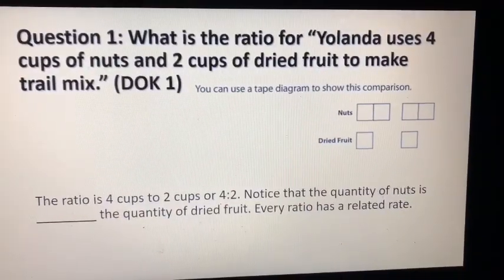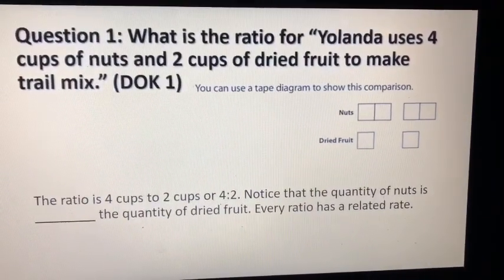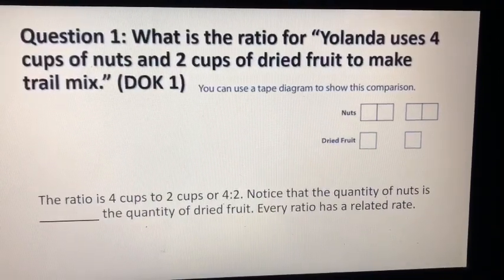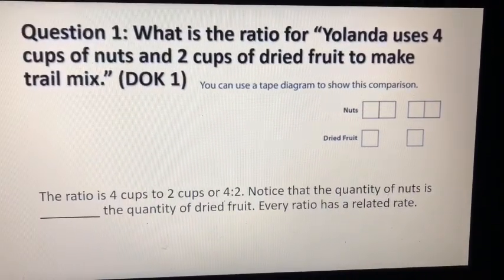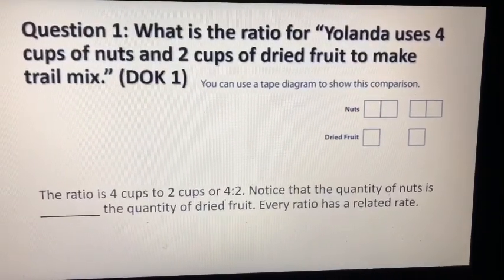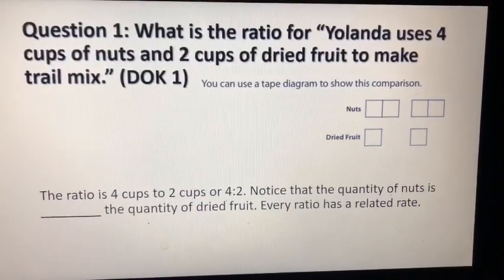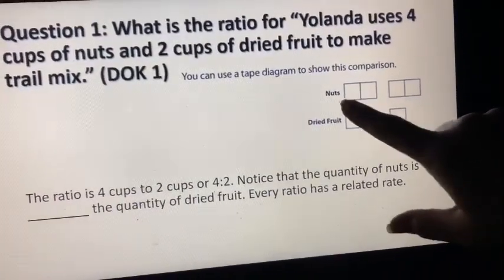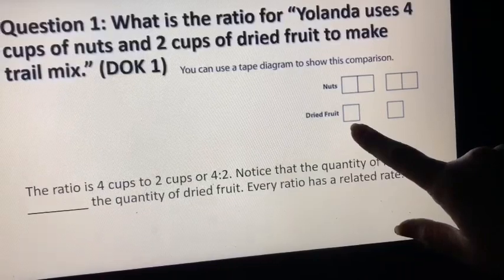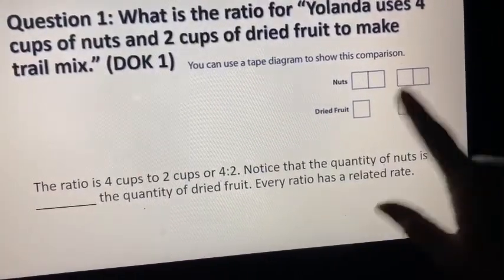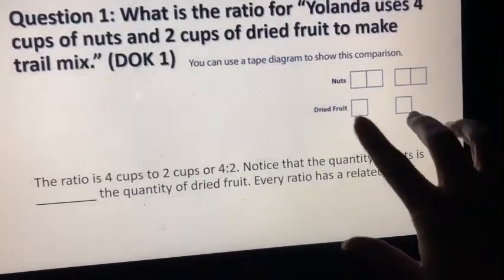Let's analyze question 1. What is the ratio if Yolanda uses 4 cups of nuts and 2 cups of dried fruit to make trail mix? You could use a tape diagram to show the comparison. She has 2 nuts for each 1 dried fruit, while she has 4 of the nuts to 2 dried fruits.